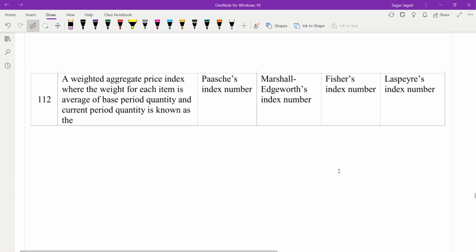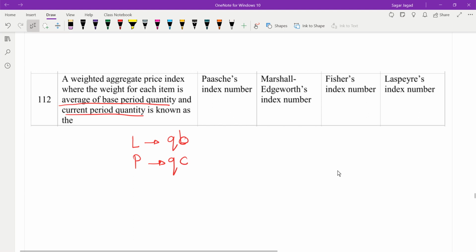The next question is a weighted aggregate price index number where the weight for each item is the average of the base period quantity and the current period quantity. What we know is that in the Laspeyres price index number, we have the quantity of the base period as the weight. In Paasche, we take the quantity of the current period.